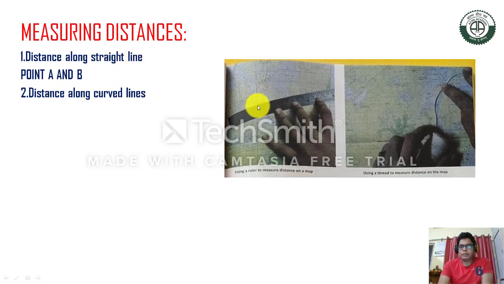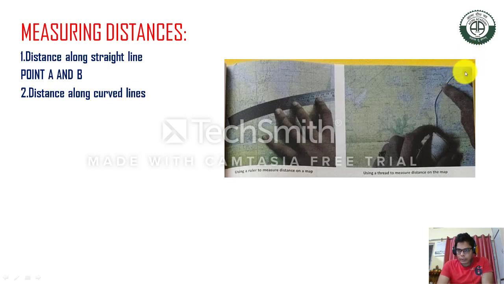But if it is a curved line, and you want to measure the length of a river, how long the river is, then you have to take a thread.